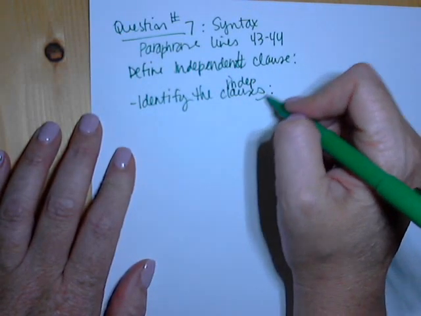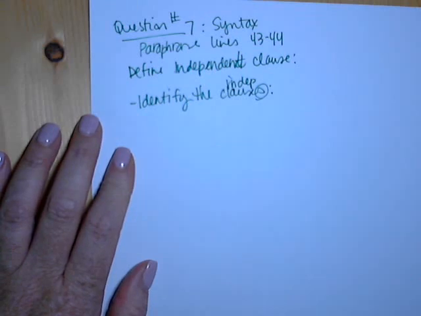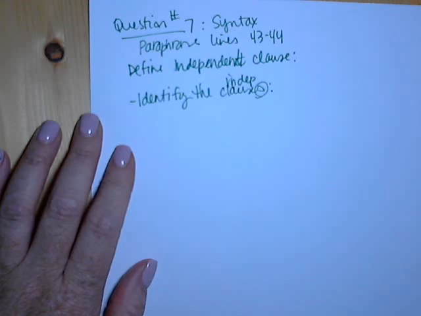Right, because it says clauses, so there are at least more than one. Right, at least 2. And then the question says, what is it showing?